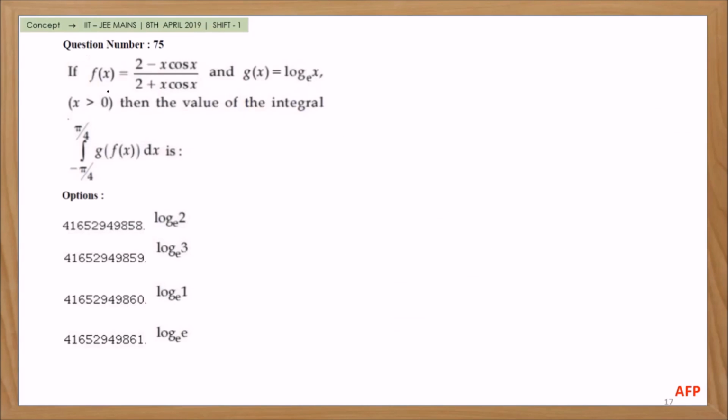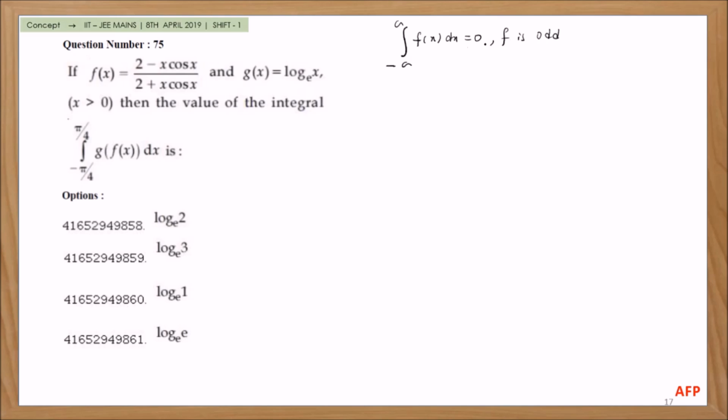Next problem. f of x is given, this is numerator over denominator, and g of x is log x to the base e, x is greater than 0. Find the integral value of g of f of x dx. Here you can see the same term appears with negative and positive signs. The property we have for definite integration: integral from minus a to a of f of x dx is equal to 0 if f is an odd function.